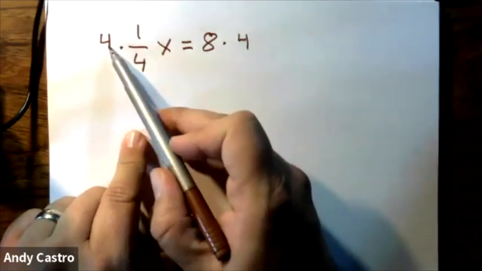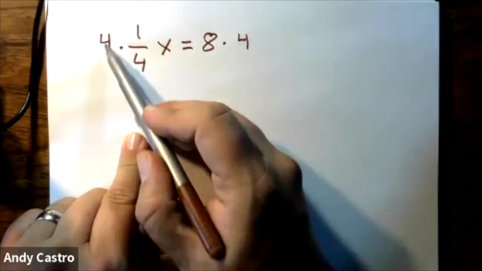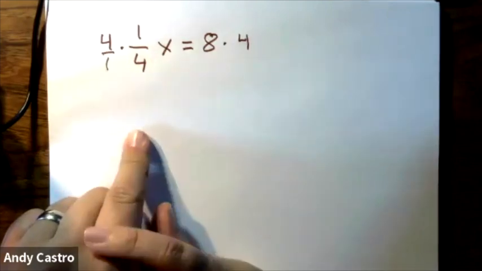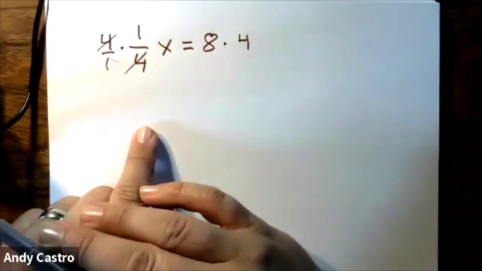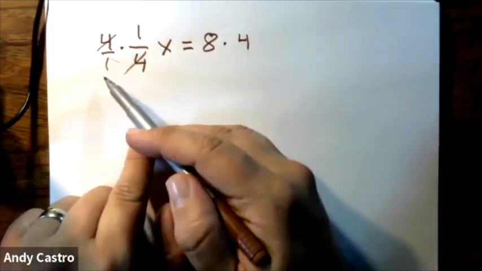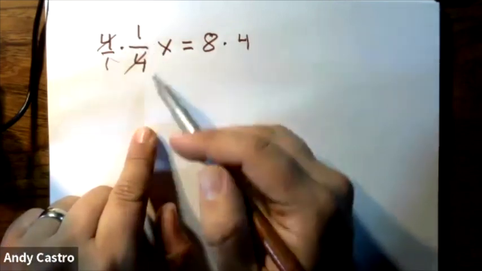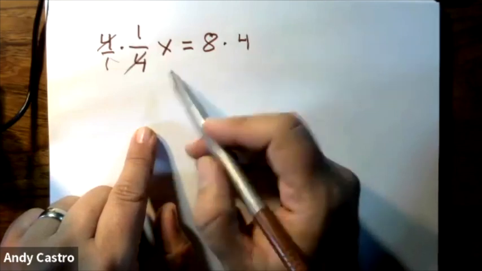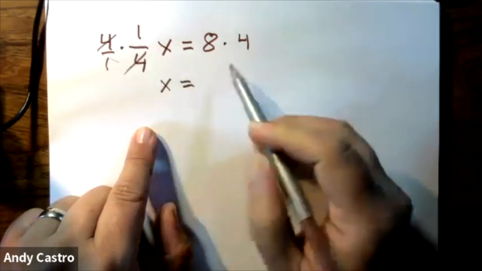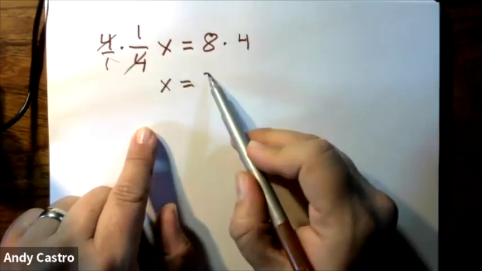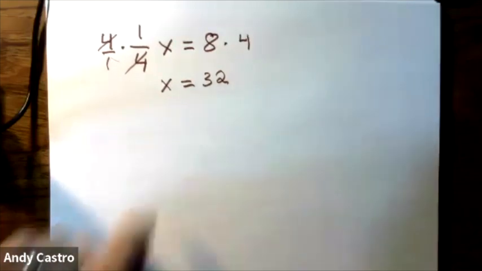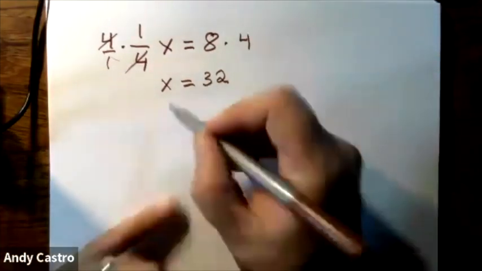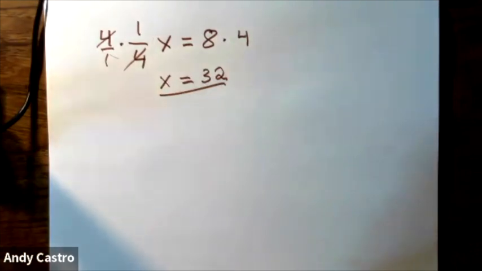Or you can see that 4 over 4, because 4 is the same thing as 4 over 1, so you can see how the 4's cancel there. You're left with 1 over 1, which is just 1. 1 times x just leaves you with x. 8 times 4 is 32. So no matter how we skin this cat, we're going to end up with x is equal to 32.